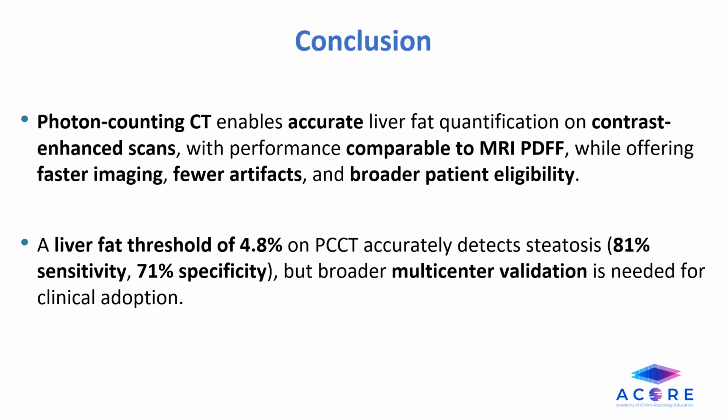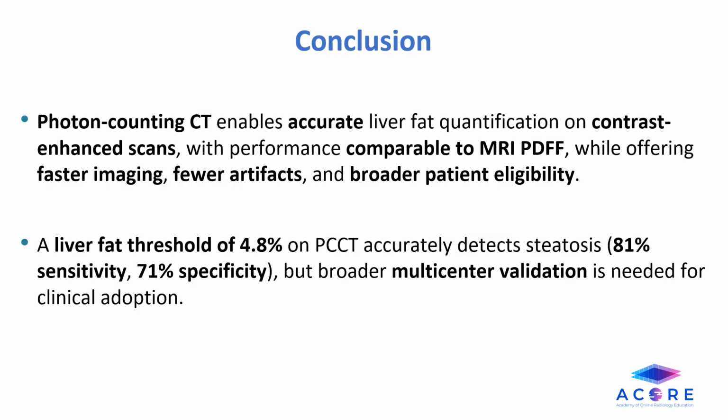So in summary, photon counting CT can correctly measure liver fat with results similar to MRI PDFF, and a 4.8% liver fat threshold correctly detects steatosis with good sensitivity and specificity. But before this can be used in routine clinical practice, broader multi-center validation is needed.